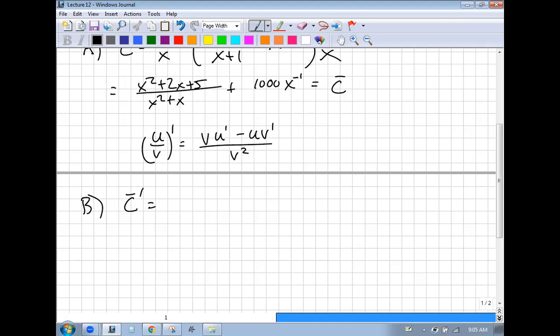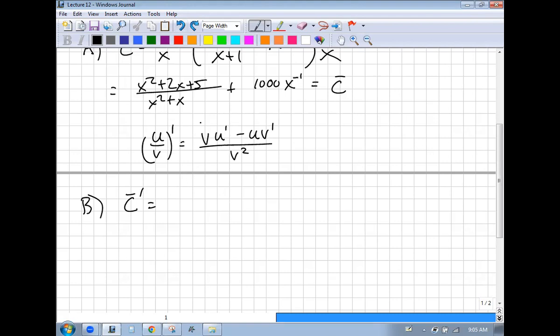And on the exam, this formula will be given to you. I'll write it on the board, as well as the product rule. Those will be the two formulas written on the board. You don't have to necessarily memorize them, but if you're doing your homework, you're probably going to remember them.